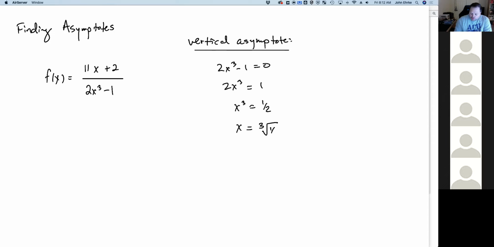So the cube root of 1/2 is my vertical asymptote. And the reason I know it's a vertical asymptote is it's a value that makes the denominator 0, but if you plug this number into the numerator, it doesn't also make the numerator 0.